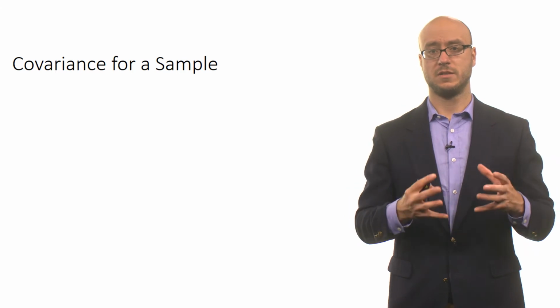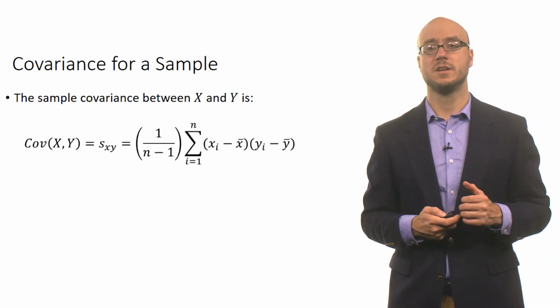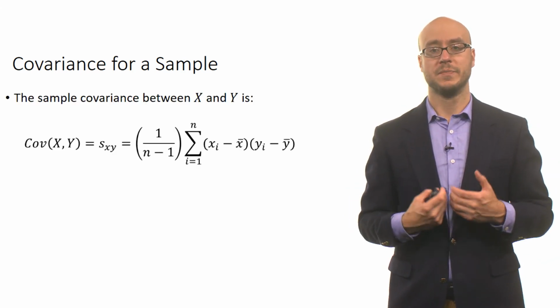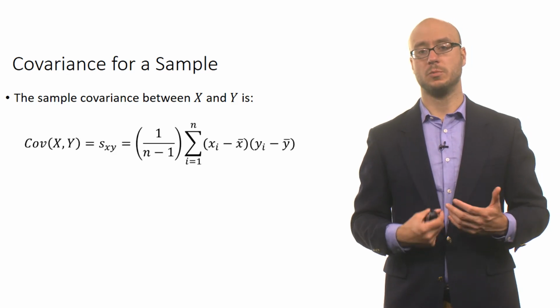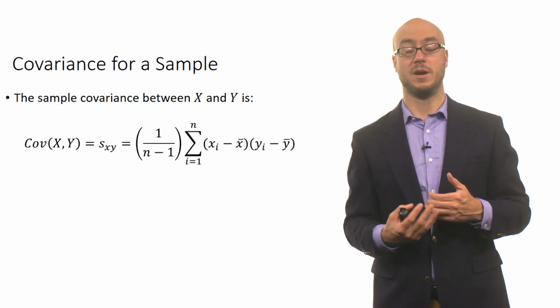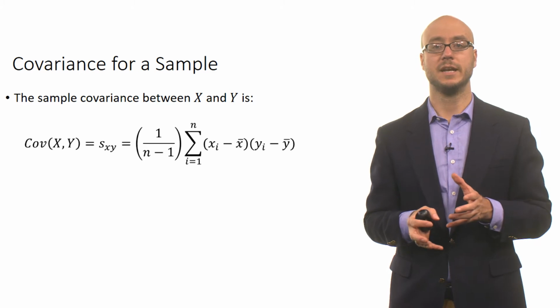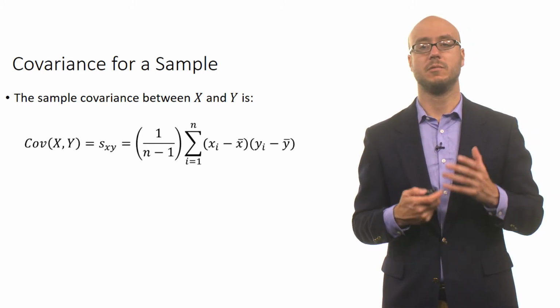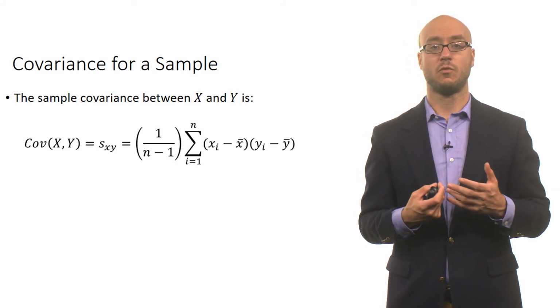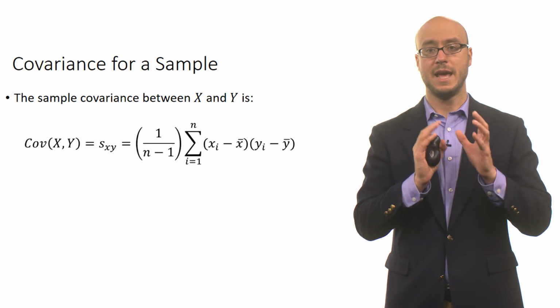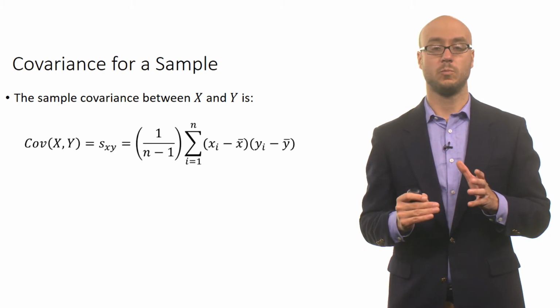We can also look at the formulas for covariance to understand what's going on. Recall that we use a slightly different notation for a sample than for a population. If you collect a sample of data, the covariance between x and y is given with this formula, denoted by S subscript xy.